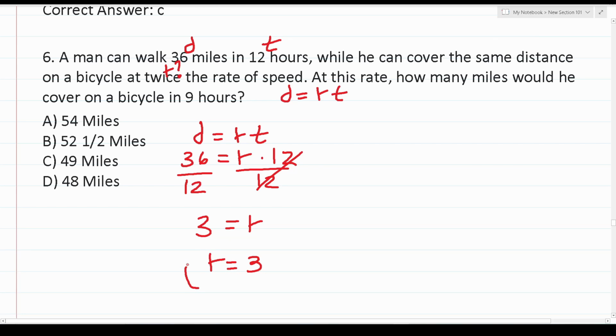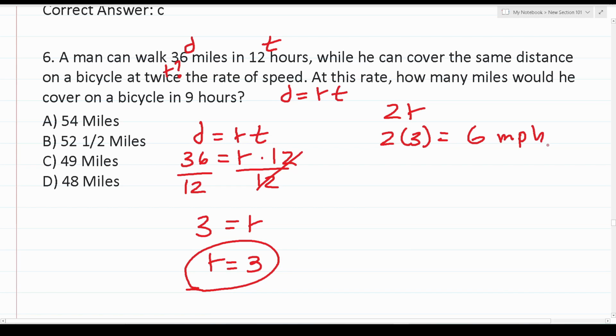Now this R refers to the rate of speed that he can walk this 36 miles. And we're told that on a bicycle, he can go at twice the rate of speed. So what is twice 3 miles per hour? Well, that's going to be 2R, and we know R is 3, so this would be 2 times 3, 6.